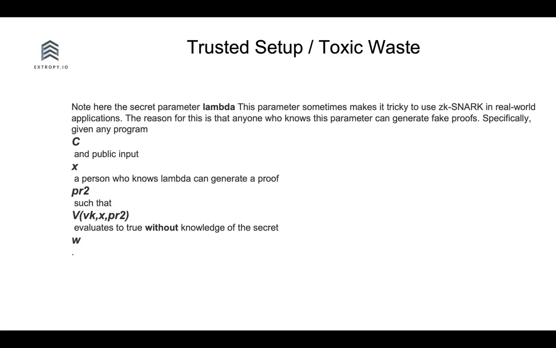Over 100 people were involved, and they did some very interesting ways of doing the computation needed for this setup. People filmed themselves doing their part of the computation in various ways. Some people got laptops and filmed the computation being done and then filmed the laptop being destroyed afterwards.